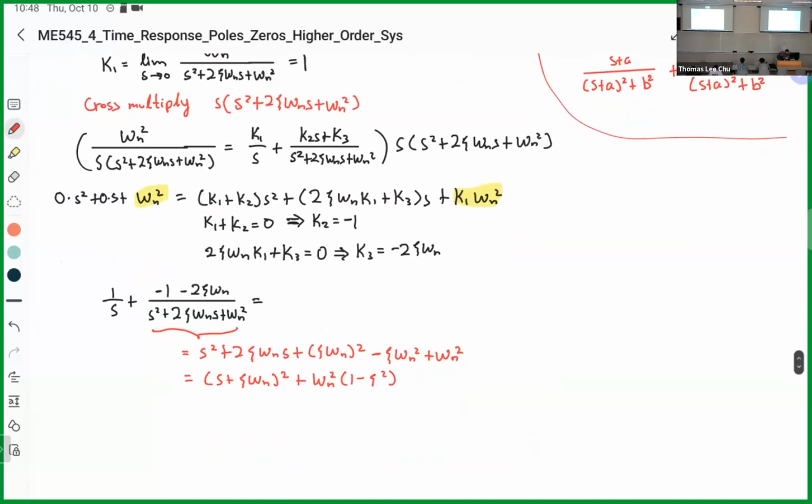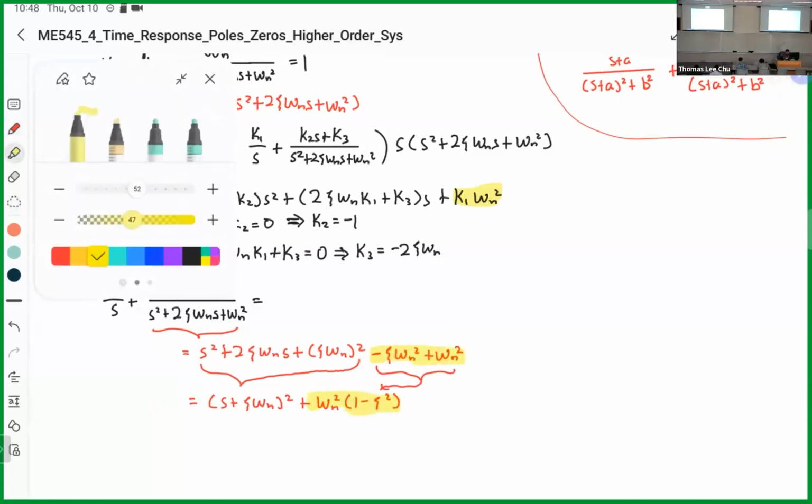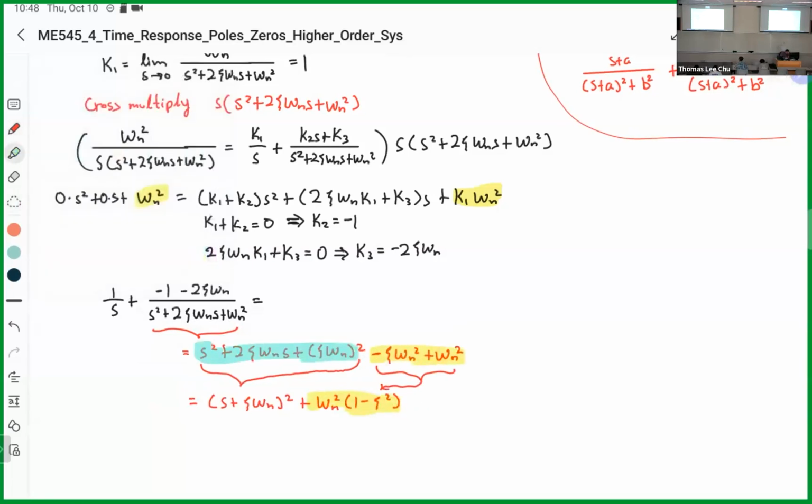So basically what I did here was, this is that term here, and then this here is this term here. Maybe highlight to show that these are the matching terms.